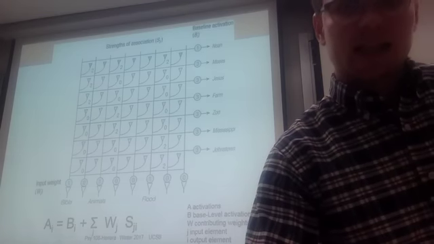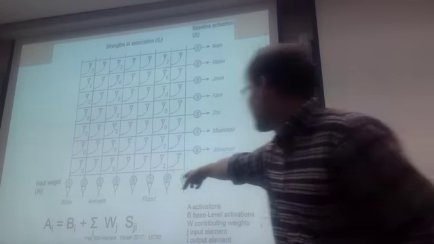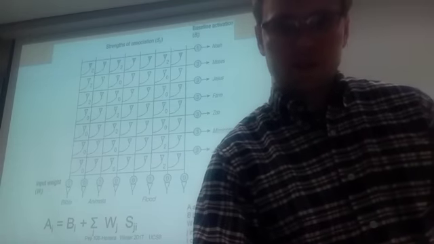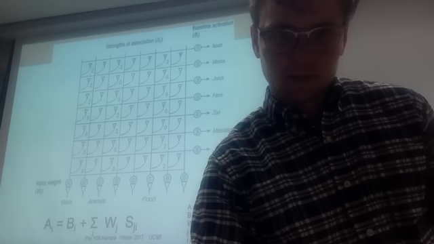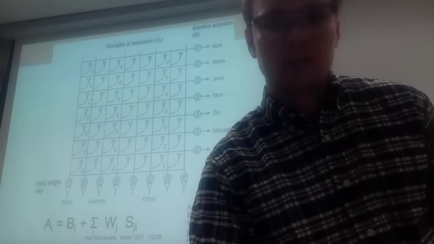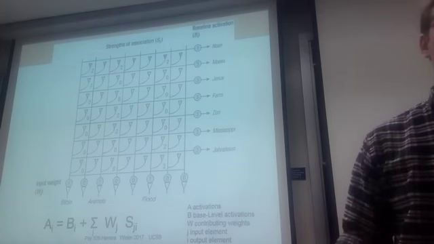And so that's adding the context, the sum of the weighted S's, to the baseline. So that's the S here. You're adding up the cues from the context, and that will give us our total activation. So it's your baseline activation plus the sum of the weights of the context.